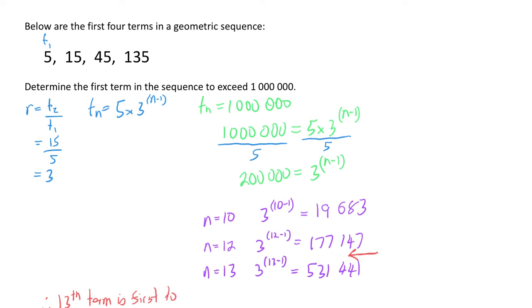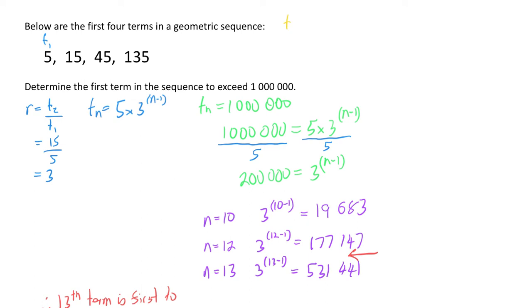Now, it's quite often a good idea to check our calculations, so I can substitute that value into my original rule, Tn equals 5 times 3 to the power of n minus 1. I can check whether that is in fact past 1 million, and I can also substitute n equals 12 to check that that term is below 1 million.